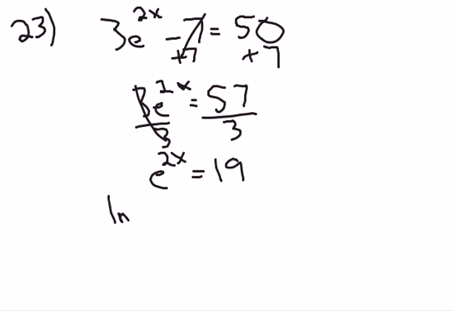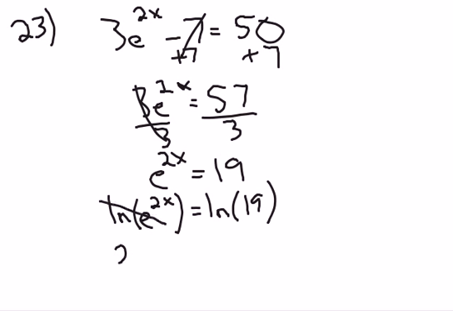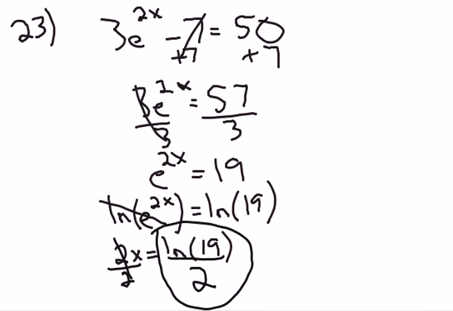Take the natural logarithm of both sides so that these essentially cancel, again because of the inverse relationship. You can also think of it as bringing down the 2x, and then ln of e is 1. So you're just left with 2 times x, and divide by 2. So this would be our answer here. And they say you can leave it in terms of logarithms or round it to 3 decimal places. I'm just going to leave it in terms of logarithms because it's more exact since you don't have to round.